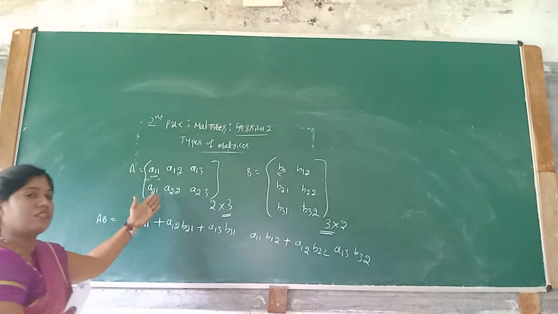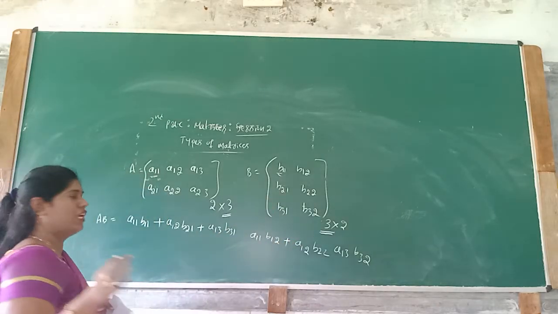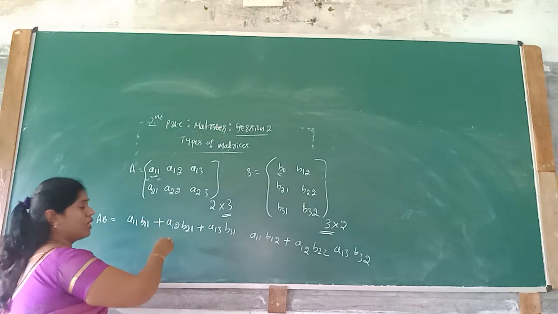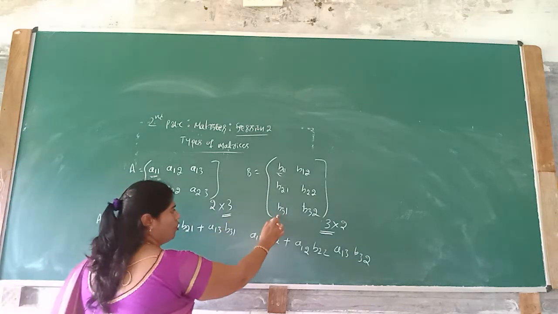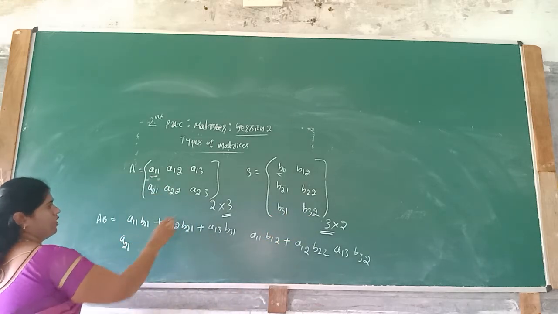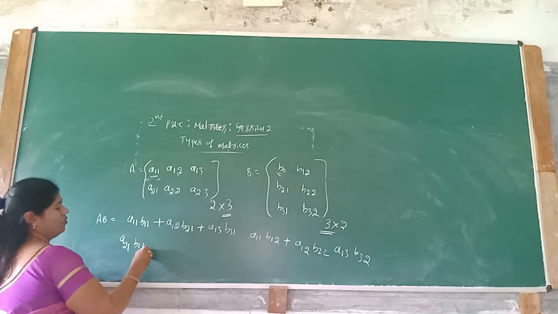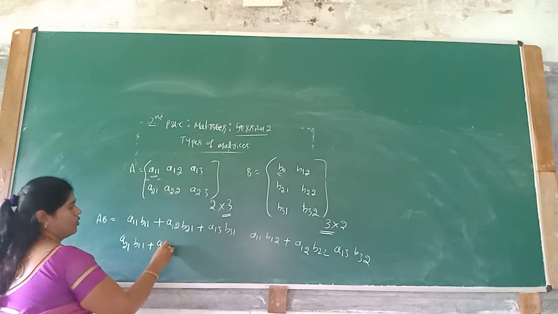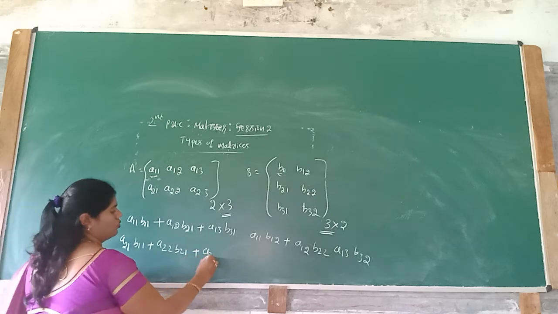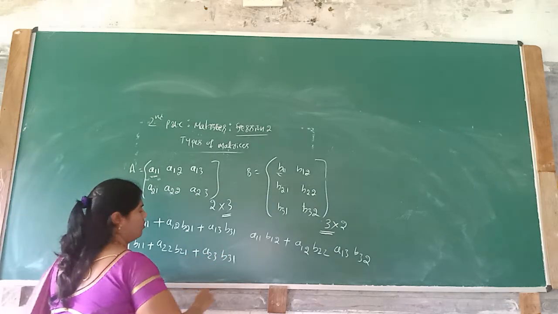Next we come to the second row. What are the elements of the second row? A21, A22, A23. We multiply this with column 1. So A21, B11 plus A22, B21 plus A23, B31.